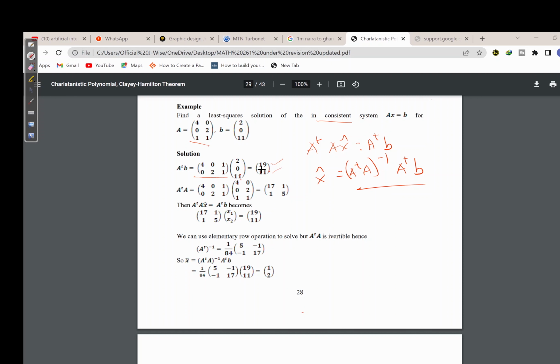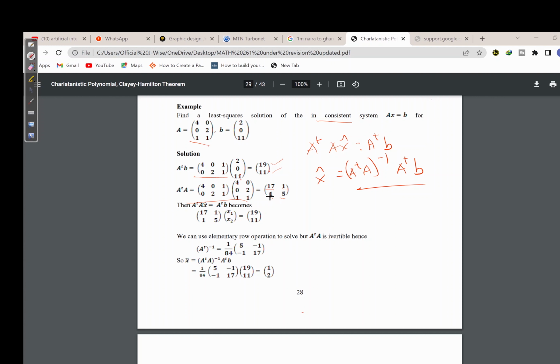Then A transpose A: 4 times 4 is 16 plus 0 plus 1, you get 17 here. 4 times 0 is 0 plus 0 plus 1, gets 1 here. This is 0 plus 0 plus 1, get 1. And 0 plus 4 plus 1, which is 5.